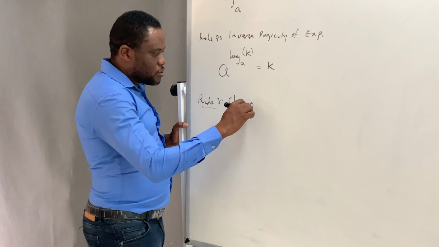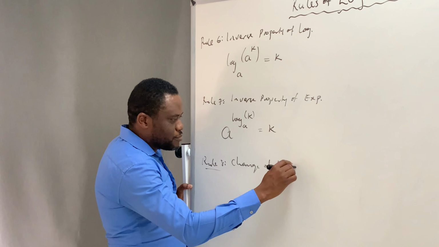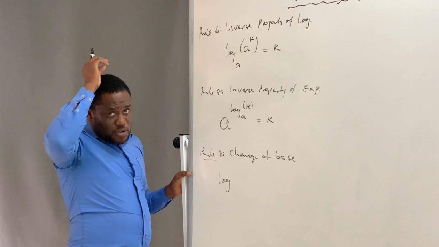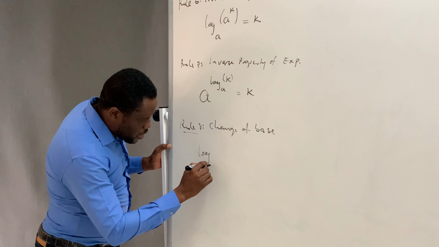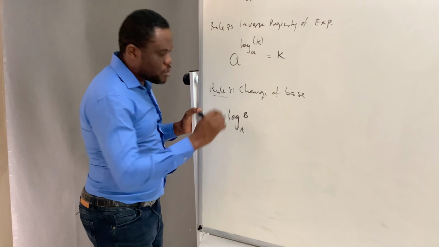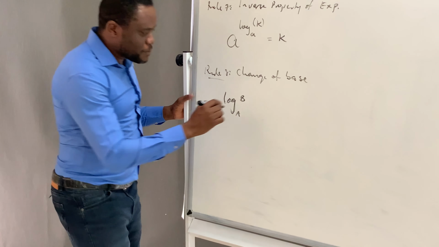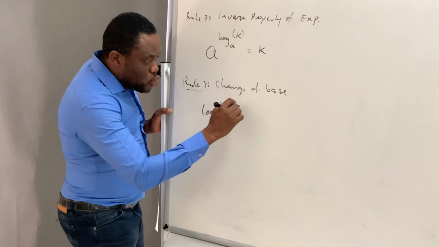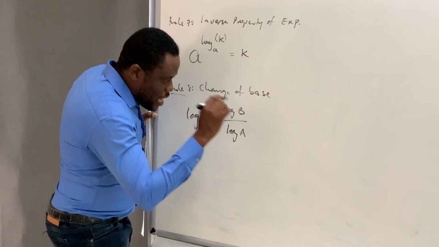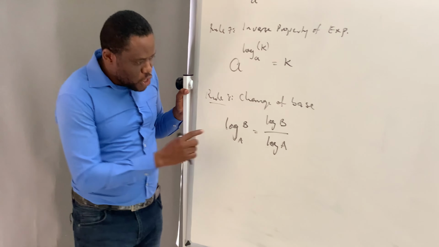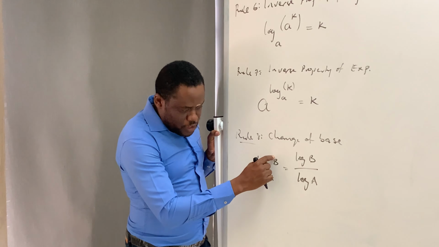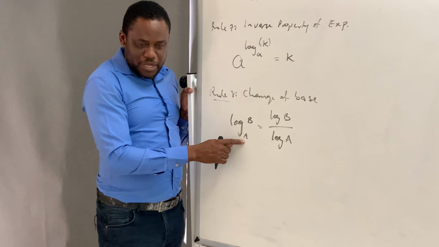Change of base says if you have log of a in base b, change of base means we have log b divided by log a. It's called change of base. You change this one logarithm to be two: log of the argument and log of the base.